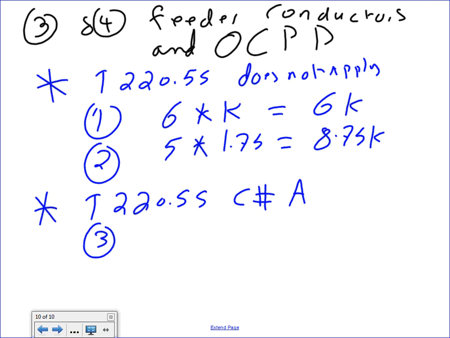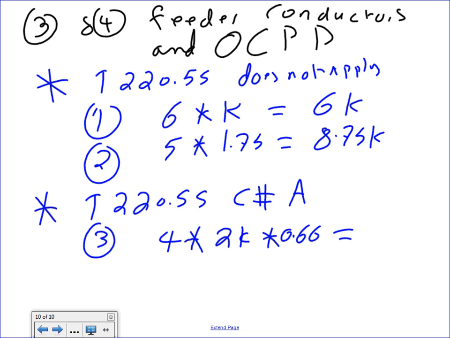I have 4 number 3. Are you guys with me? 4 number 3 times 2K times, what's the demand factor under column A for 4? 0.66. Everybody's working on that one.